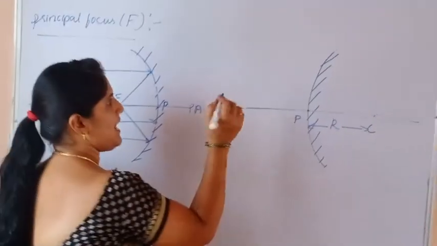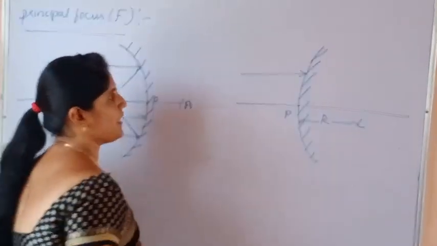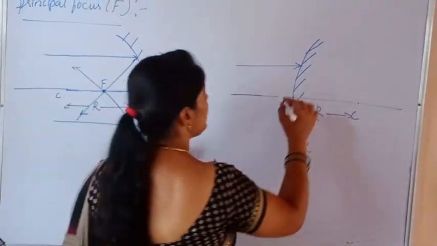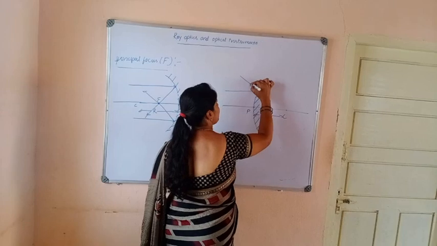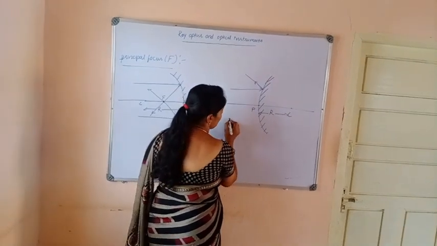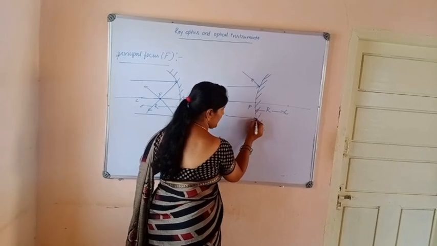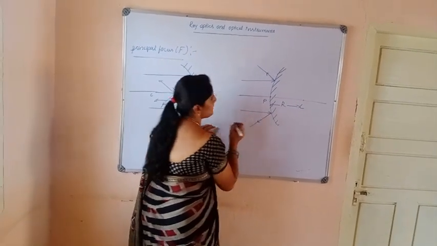When a parallel beam of light is incident on this convex mirror, it gets reflected back like this. Similarly, when a parallel beam of light is incident on the spherical surface, that is the convex mirror, it gets reflected back like this.